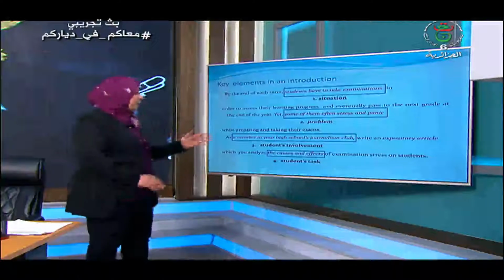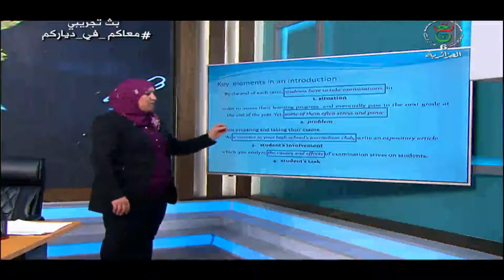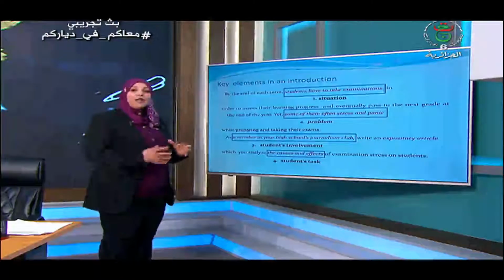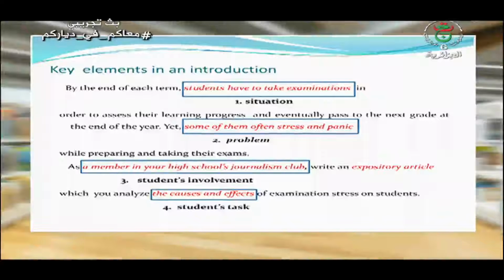It is the fact that you imagine yourself to be a member in your high school's journalism club. And what is your task? Your task is to write an expository article in which you analyze, in which you speak about the causes and effects of this examination stress on students.